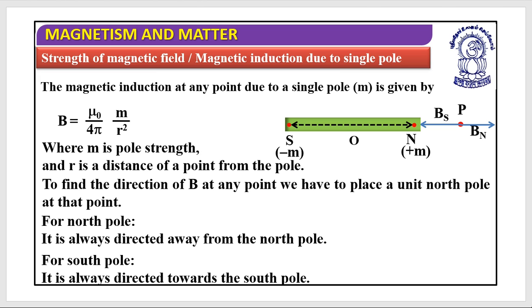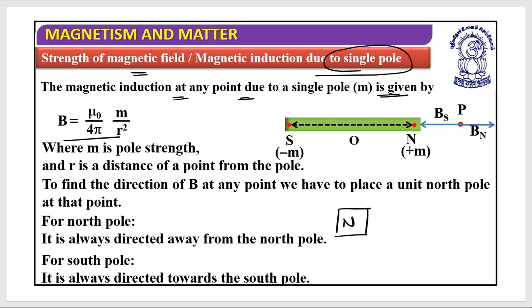Yes, so let's understand what would be the strength of the magnetic field due to a single pole. Let's suppose the magnetic induction at any point due to a single pole M could be calculated as B equals mu naught by 4 pi into M by R square. The situation could be something like this.